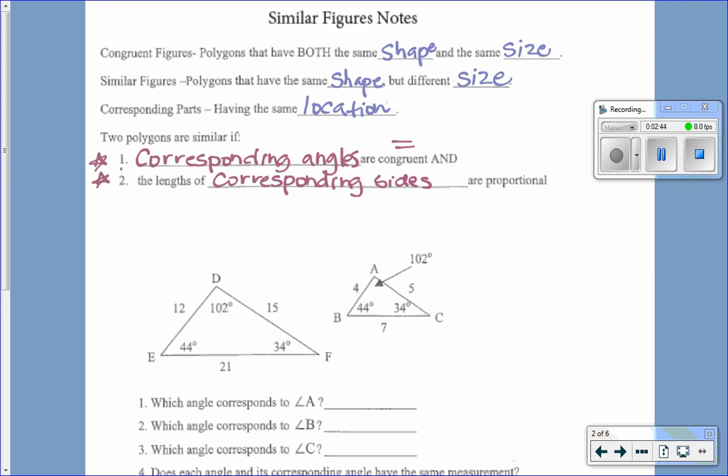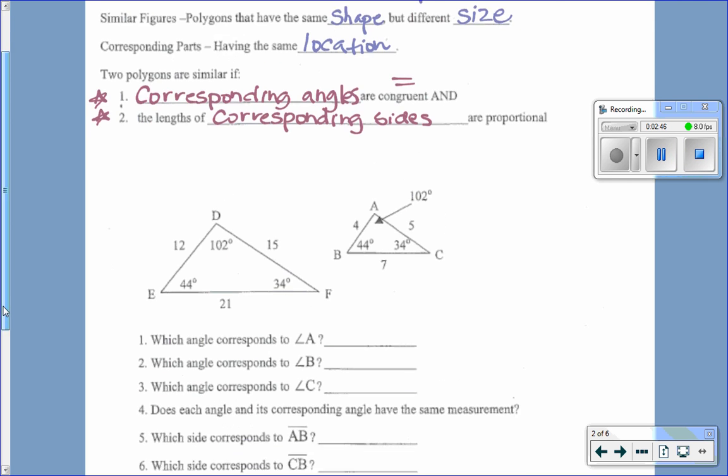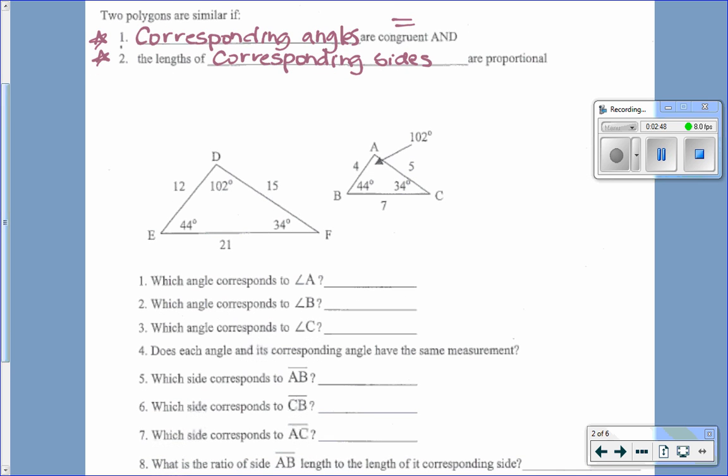Okay? So this is where we need our 2 or 3 different colors. We have 2 triangles right here, and we're going to see if they are similar. If they're similar, their corresponding angles have to be congruent, and the lengths of their corresponding sides have to be proportional.